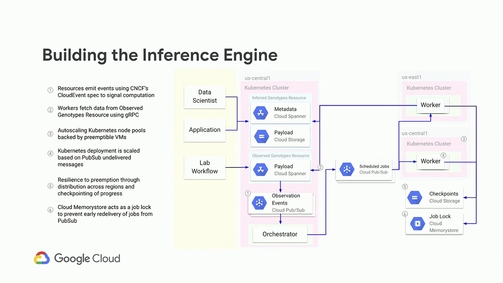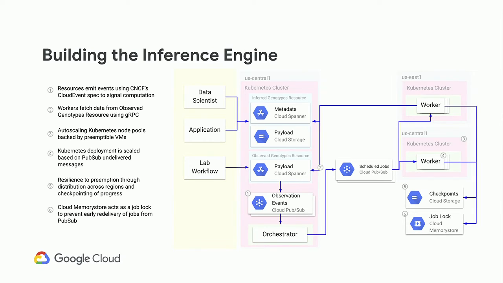There's a component called the orchestrator that's listening for those events and then scheduling these inference jobs. It's doing that on Kubernetes by way of GKE, as pub/sub messages that get distributed across multiple Kubernetes clusters in multiple regions.